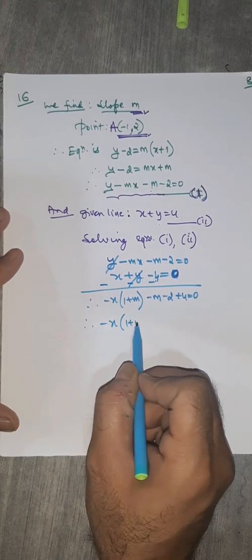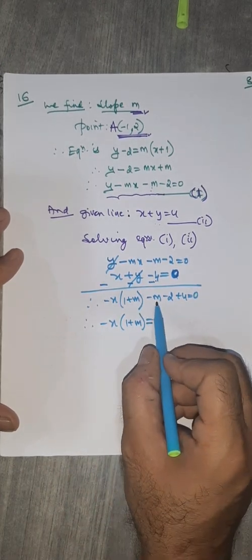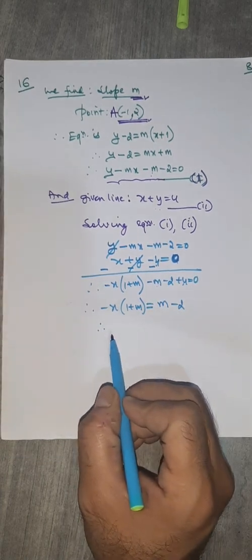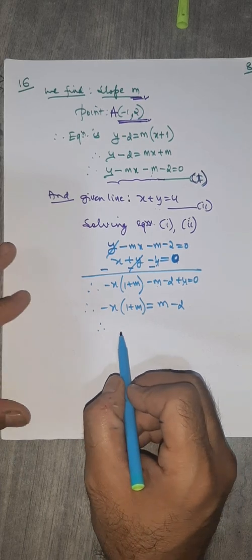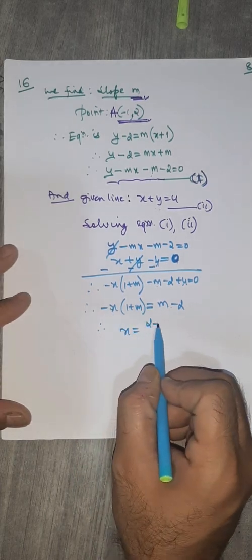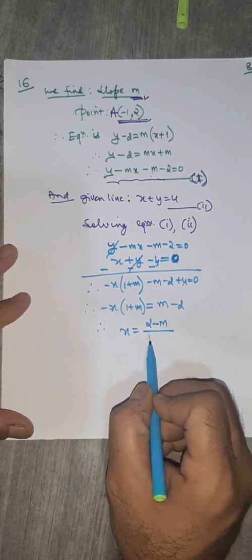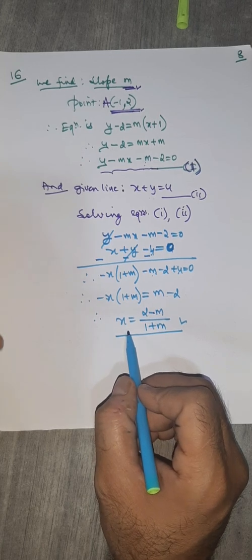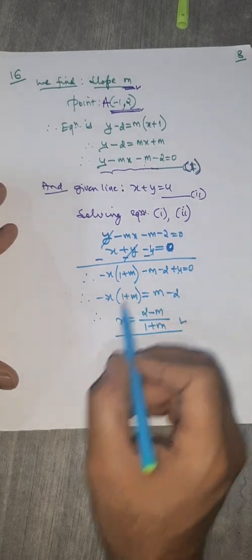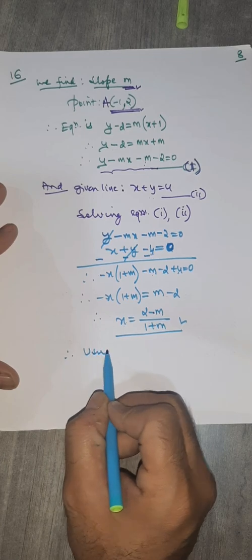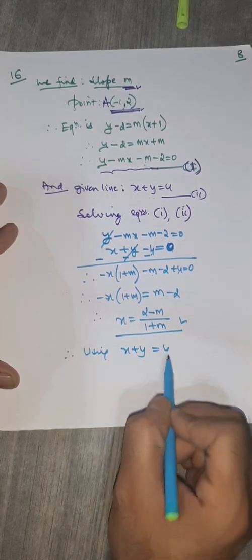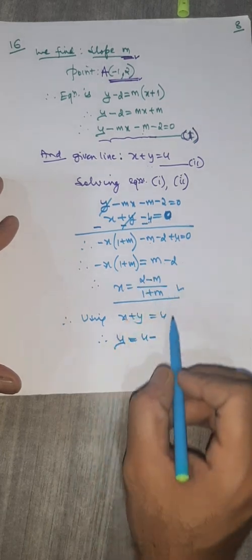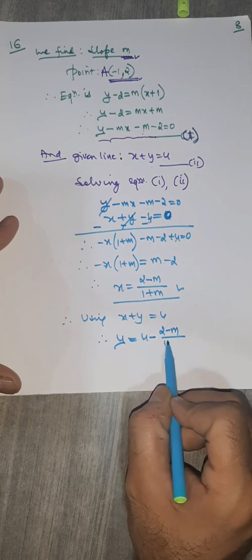So x into 1 plus m equals, what about this? The m, this is plus 2, so you get minus 2. And therefore, what will be the coordinate of x? I'll use the minus sign with this, so x is 2 minus m upon 1 plus m. This is the x coordinate. Now, you put the value of x in any one of these two. Using x plus y equals 4, y equals 4 minus x, that is 4 minus 2 minus m upon 1 plus m.